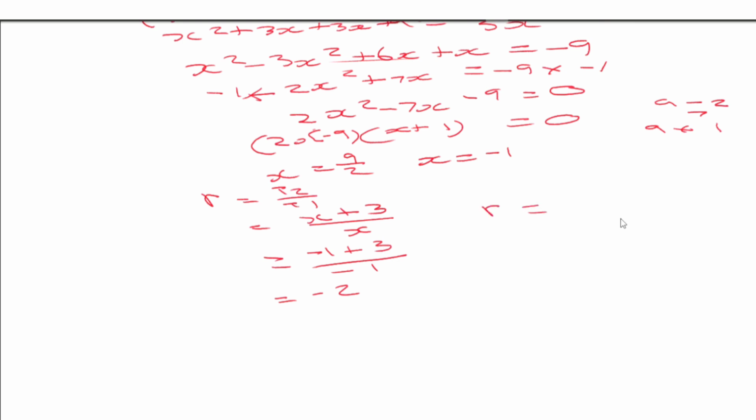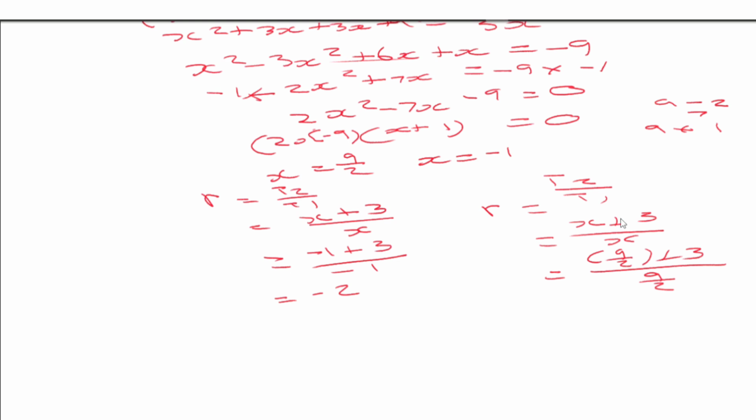But we also know that r is equal to term 2 divided by term 1. We use both values. So we're going to say x plus 3 divided by x, which is going to be 9 over 2 plus 3 divided by 9 over 2. Do not crack your head. 9 over 2 plus 3 is 15 over 2.